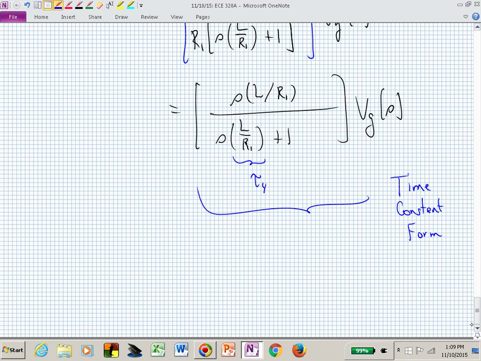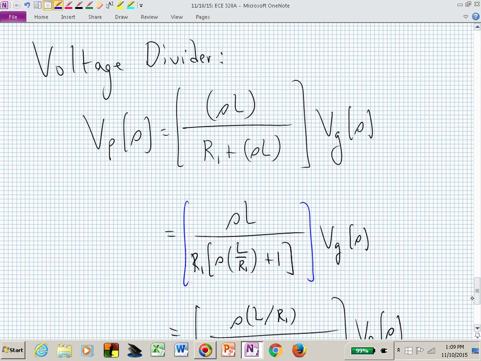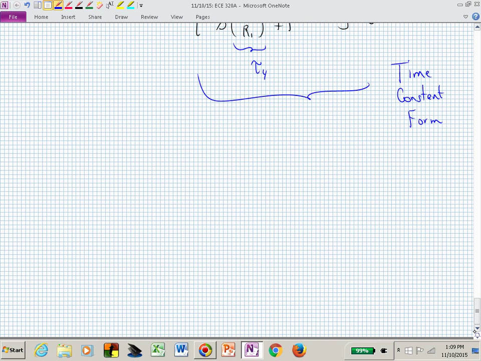We could also, if we wanted to, rewrite this. Let's say that we had it in this form, and I wanted to get it in pole zero form. Now what am I wanting to do? I want to get that L away from S. I want to factor around. I want to make the coefficient of my S equal to 1. So this was the time constant form.